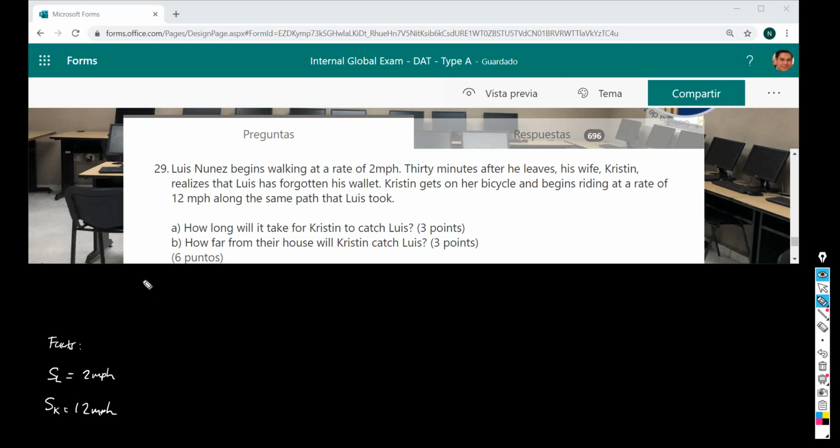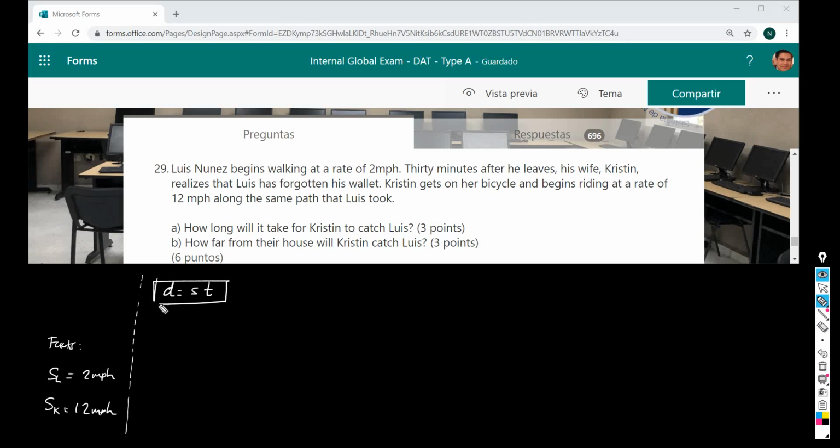Okay, remember guys that this problem involves the formula speed equals distance. No, sorry. Distance equals speed times the time.